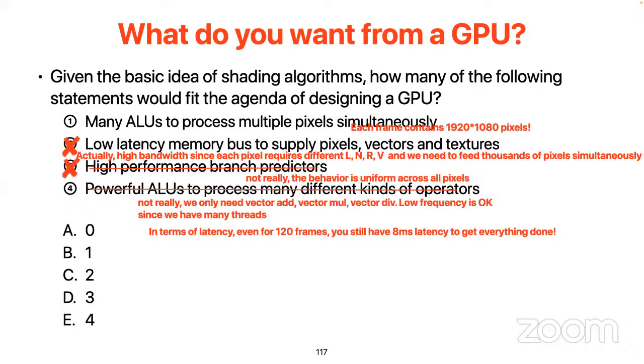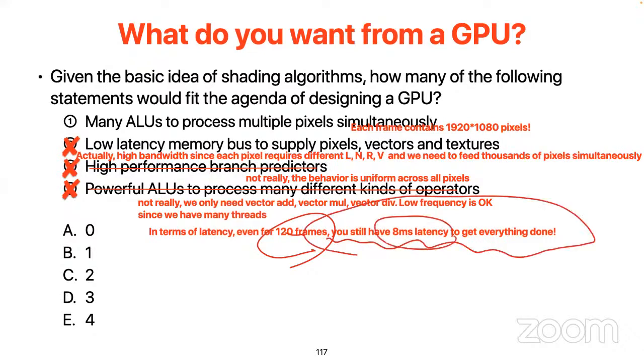And even with 120 frames, you can still think that I can tolerate like 8 milliseconds of latency, right? However, if you think about microprocessors, we are talking about nanosecond scale latency. So the latency that the GPU can tolerate is a lot longer than the CPU. So if you are really having latency sensitive, latency critical tasks, it's probably not a good idea to use GPU because sometimes your latency could be sacrificed because of that.